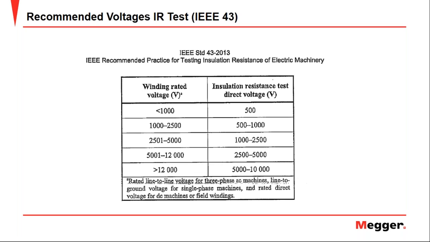So maybe in a very, very large motor, you can see extra information because we have so much material, so much mass. So maybe we have to do a little more time to polarize all the mass, but in most motors, 10 minutes is enough to know what the PI value is.